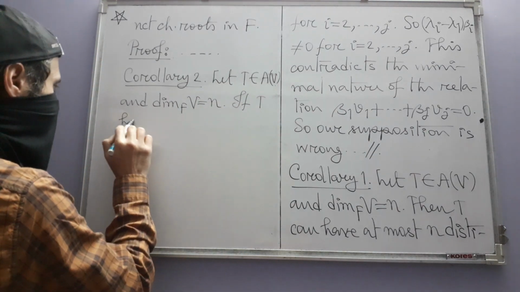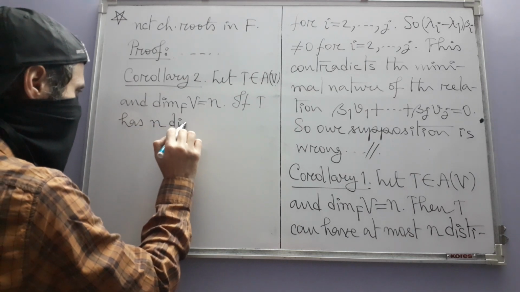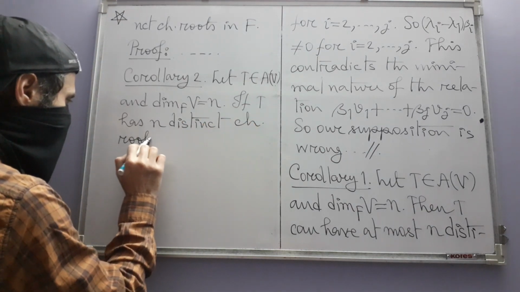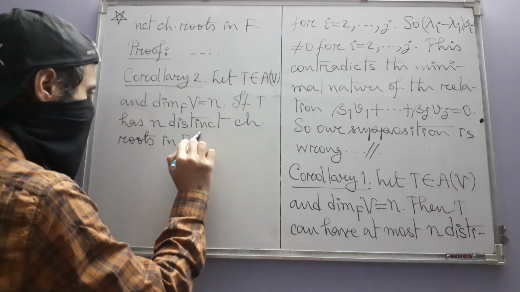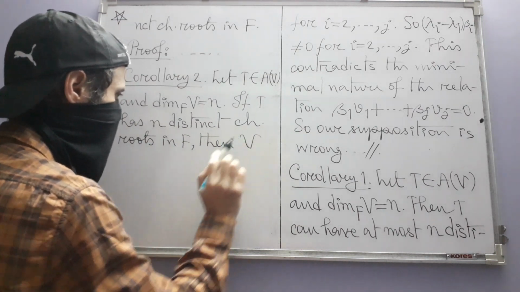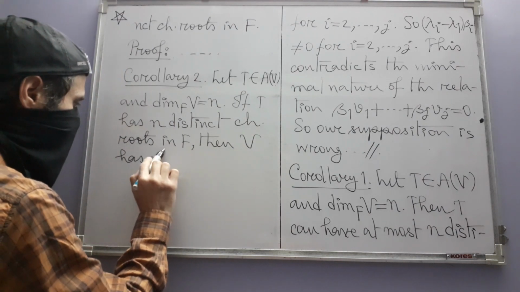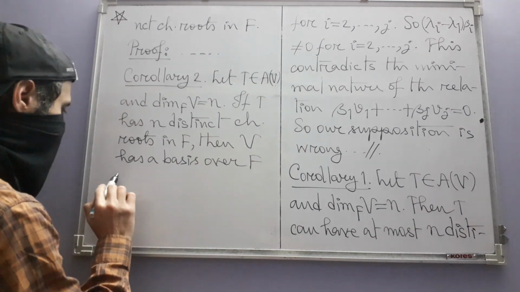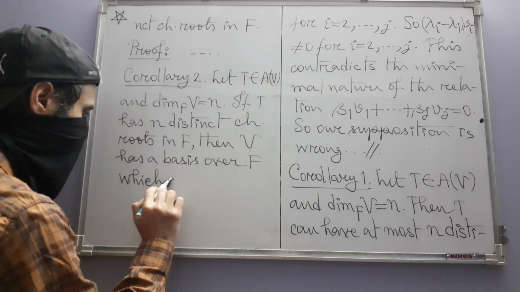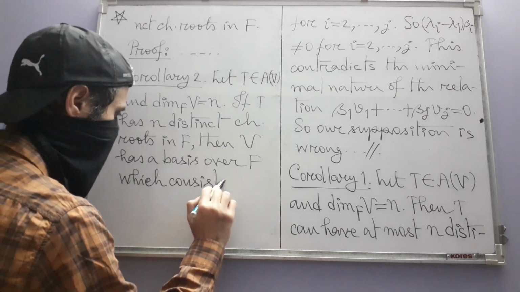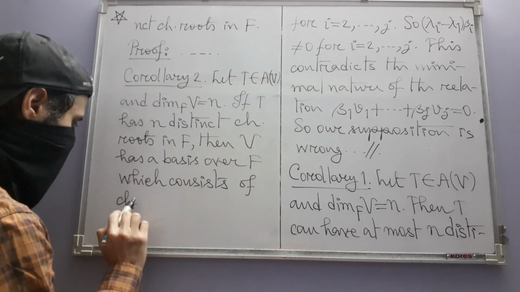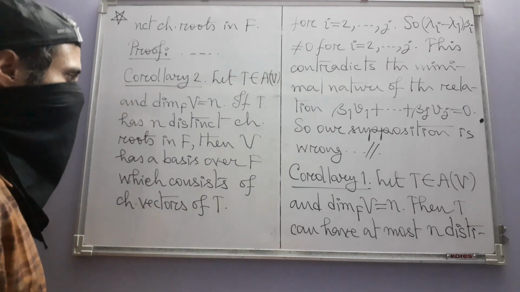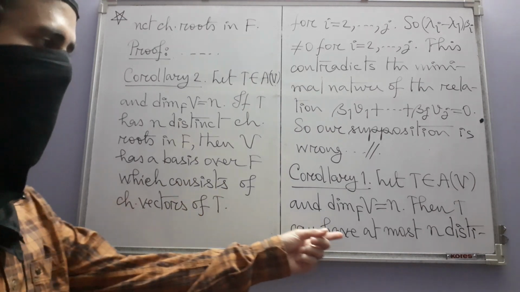If T has exactly n distinct characteristic roots in F, then the space V has a basis over F which consists of characteristic vectors of T.